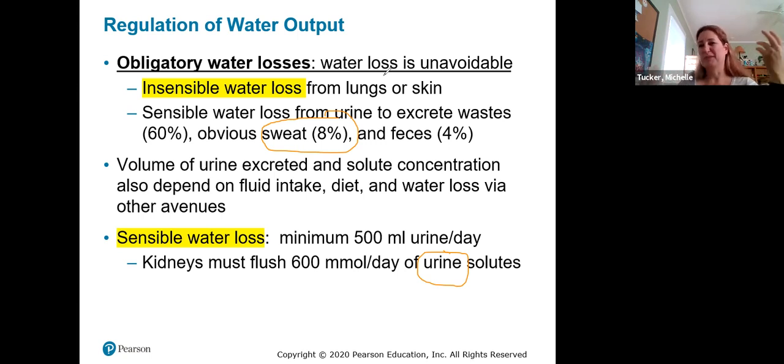So I guess we could perceive it, but under most conditions, we don't. So loss of water vapor from respiration, the lungs, is considered insensible. You do need to know the difference between insensible and sensible water loss, as well as examples of these terms.